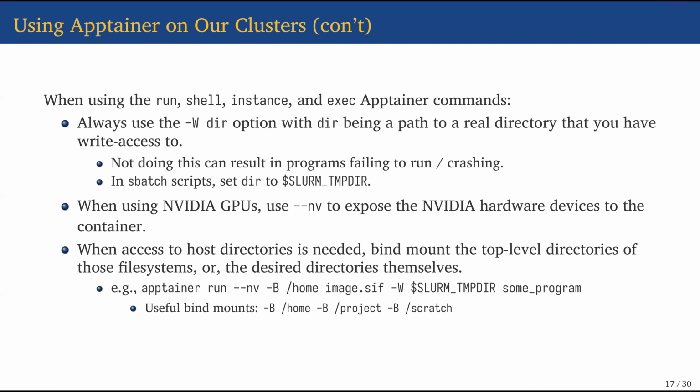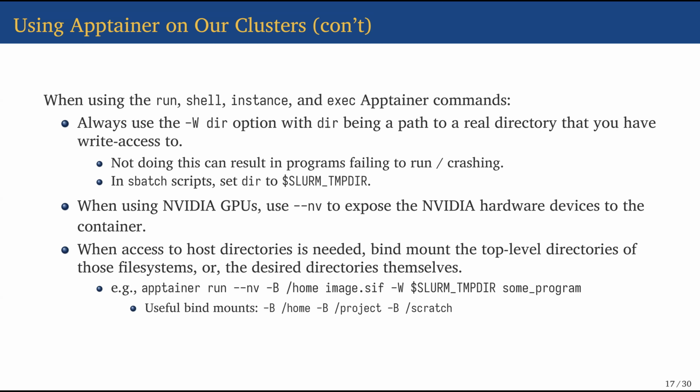So use -C. The other thing is, when you run anything, increasingly I find, I used to omit it all the time, and increasingly it's failing more and more. So if you have a container, always use the -W option. And on our clusters, use the -W option.